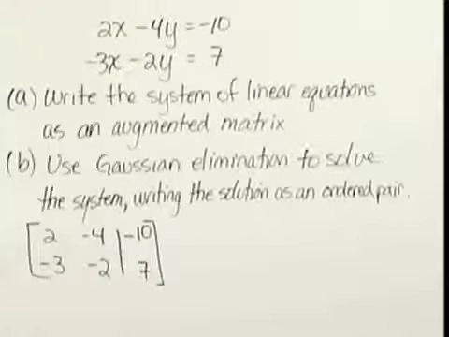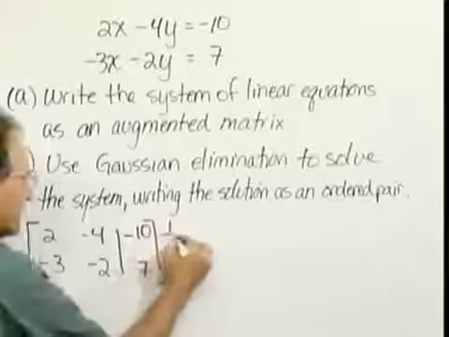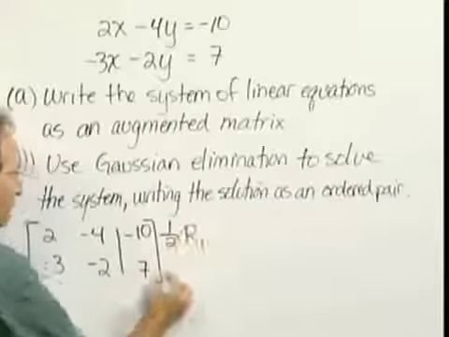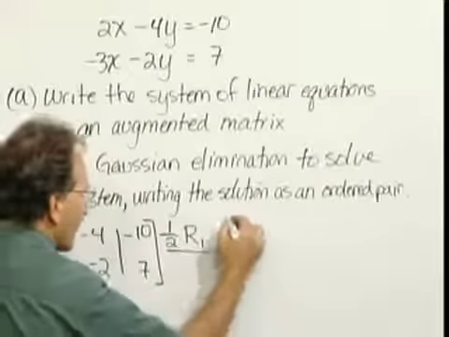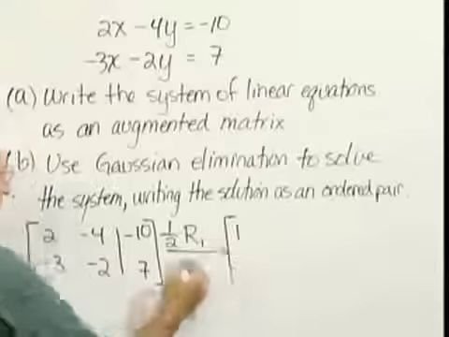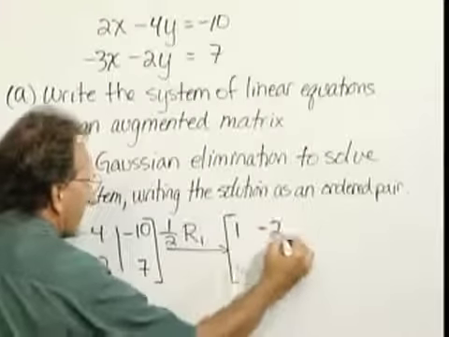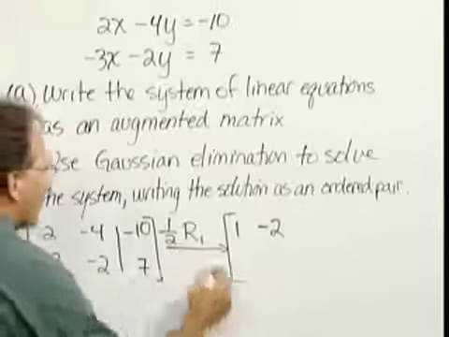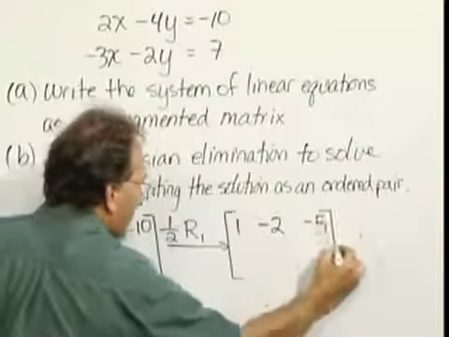So the first thing I'm going to do is multiply row 1 by 1/2. What that would give me for row 1 would be half of 2 is 1, half of negative 4 is negative 2, and half of negative 10 is negative 5.